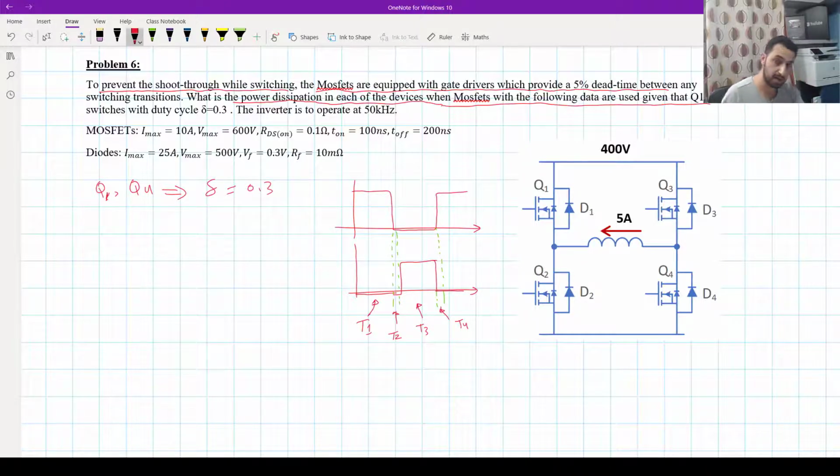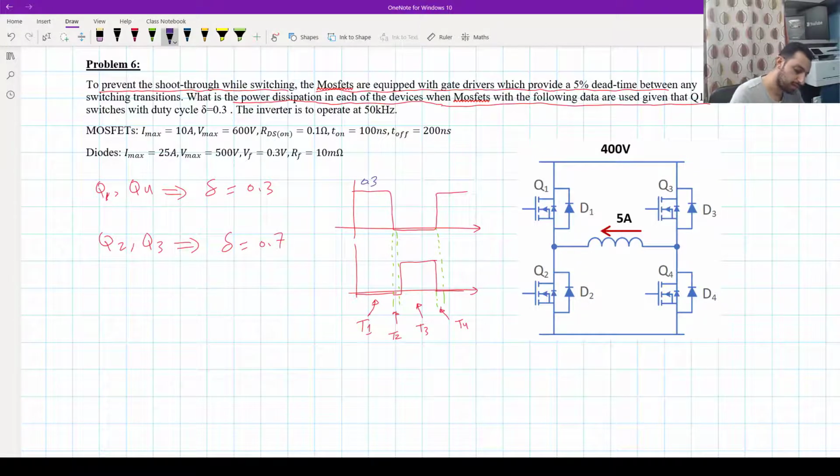And Q2 and Q3 are supposed to have delta as 0.7, but the question says you have to provide 5% dead time. So if Q1 and Q4 are switching at 0.3, we have here 0.3 of time.